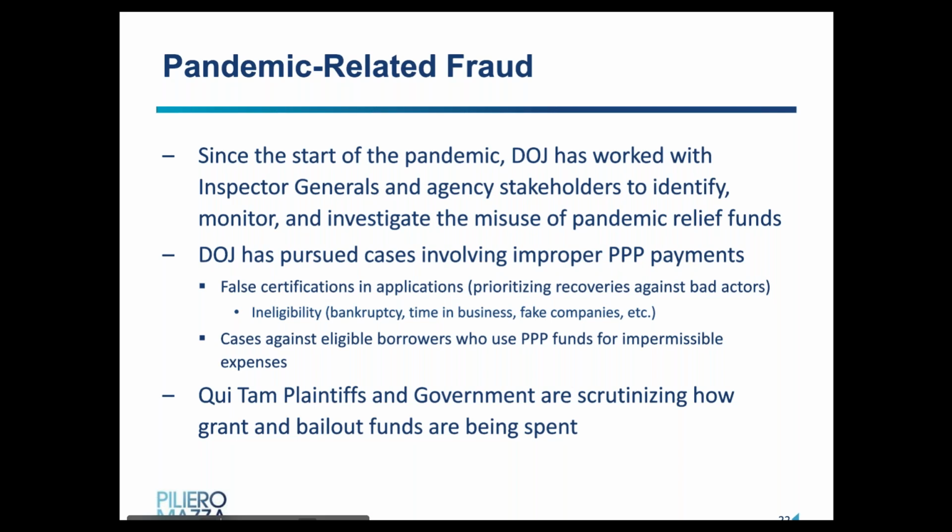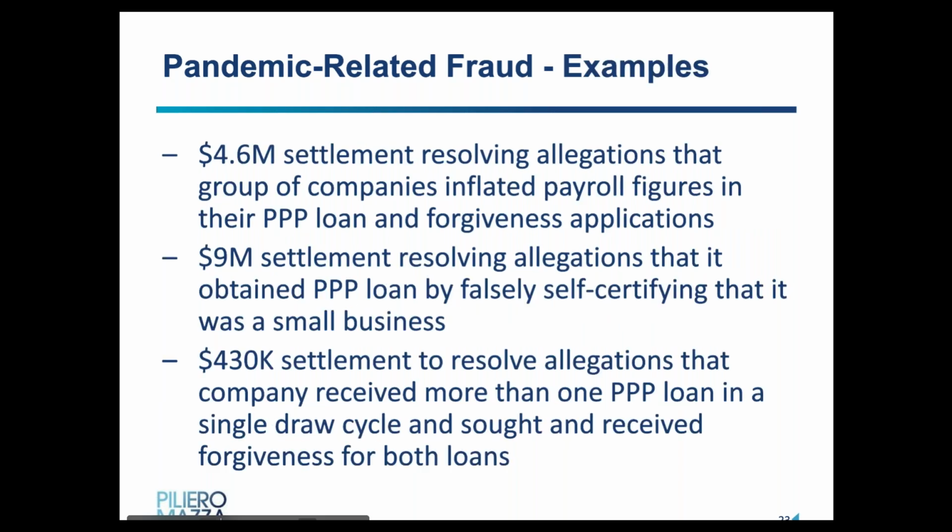They're creating sham companies, they're listing their family members as employees, they're clearly affiliated with major large companies, no question, yet they're still submitting. Those kinds of situations are where we've really seen False Claims Act liability.